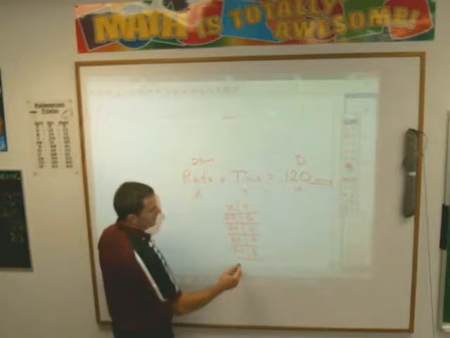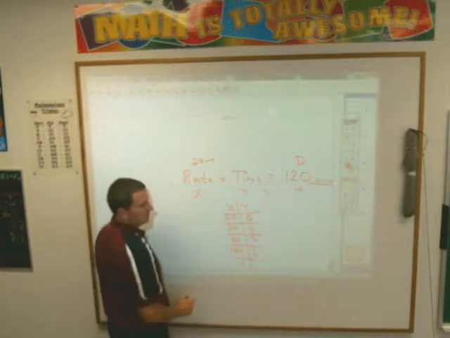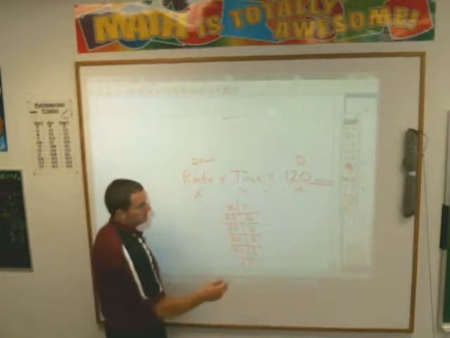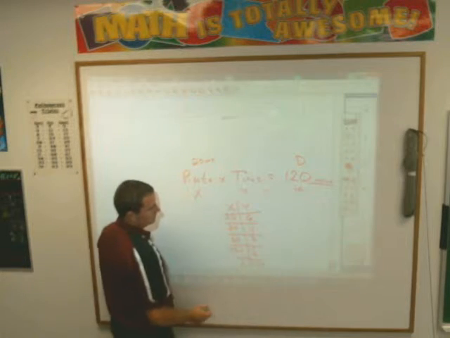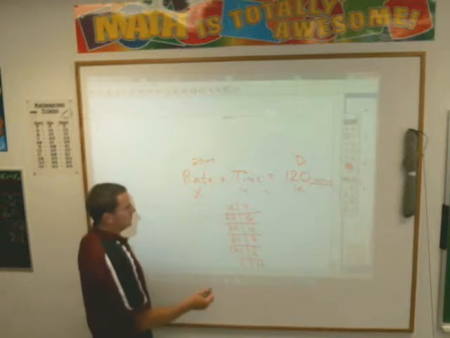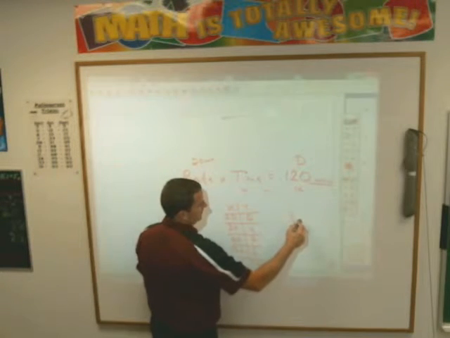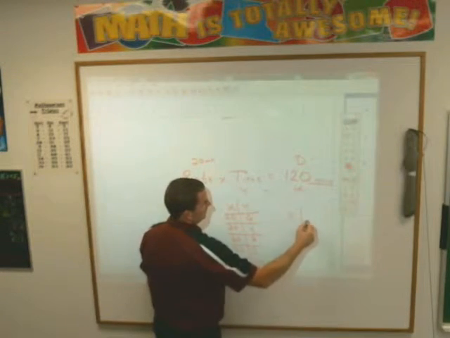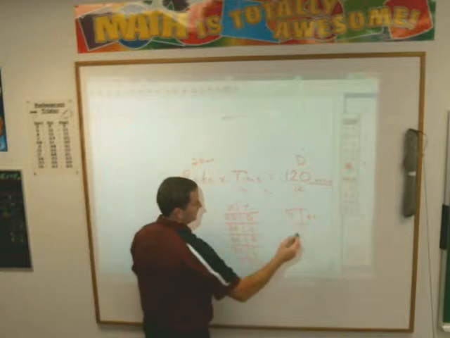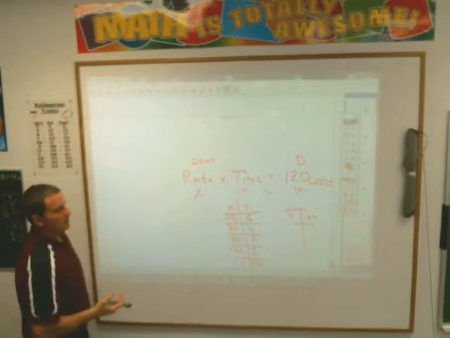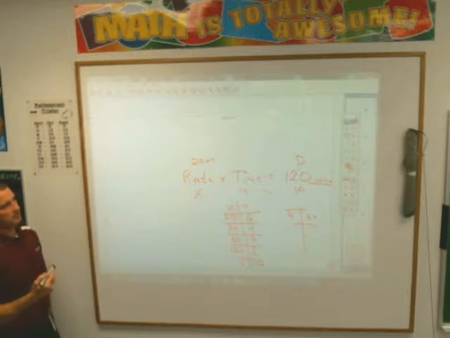If you go 4 miles an hour, it's going to take you 30 hours. Okay? This is inverse variation.